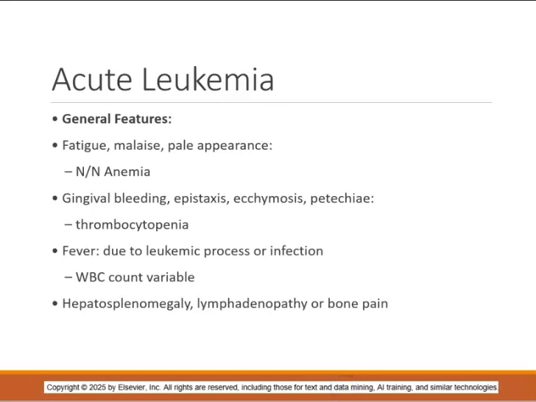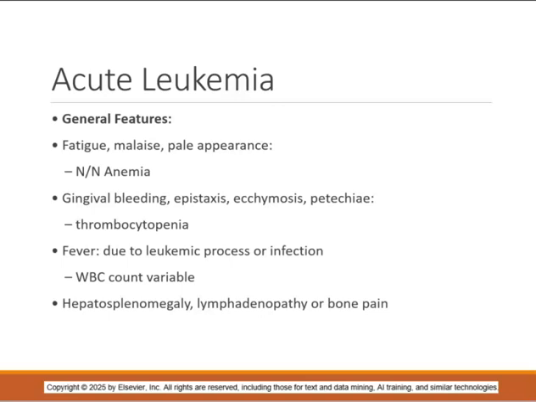With acute leukemia, usually the person's tired, worn out, they ache, they're pale, they're anemic, but it's a normochromic, normocytic anemia. The platelet counts are low, so we get thrombocytopenia, and the side effects of that are gingival bleeding, bleeding through the gums, epistaxis, nosebleed, ecchymosis, bruising, and petechiae, little red dots that you'll see on them.